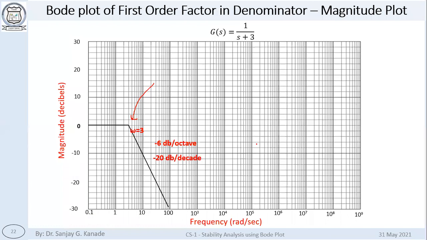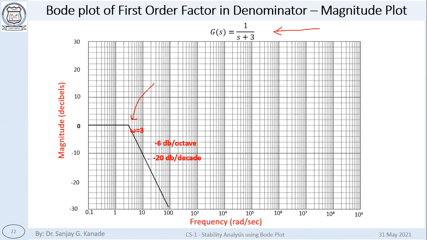Now, as you are looking at this single factor, you may think that it is quite simple. Why would this problem be asked for 14 or 16 marks? It is not like that, because in a transfer function, you will not be given such a simple one. There will be a bigger, more complicated transfer function with multiple factors.